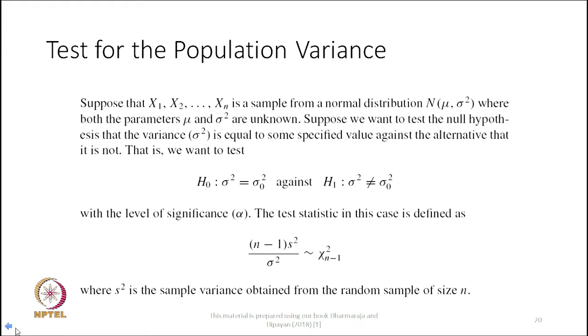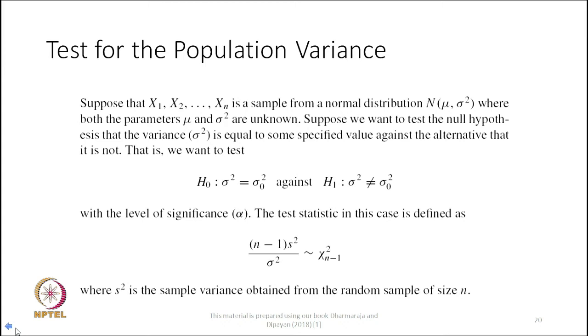Since we are talking about the population variance, as you know from the theory, we will identify n minus 1 times s square by sigma square, which is chi-square distributed with n minus 1 degrees of freedom. If you recall how the degrees of freedom come into the picture, it involves only n minus 1 independent information, because we have provided all such n data with the sample mean.